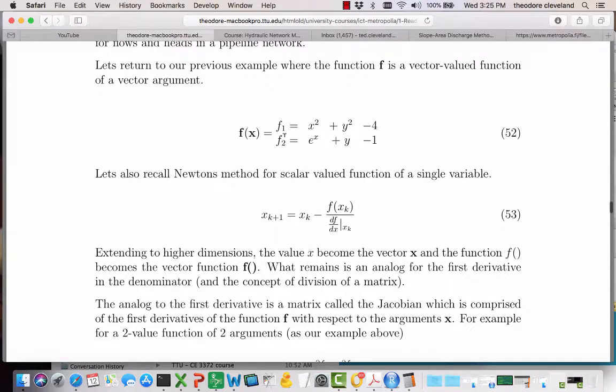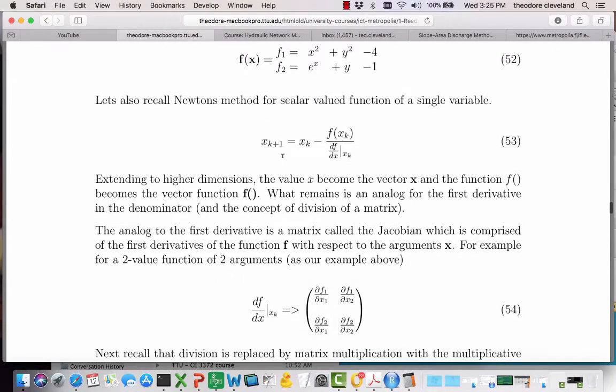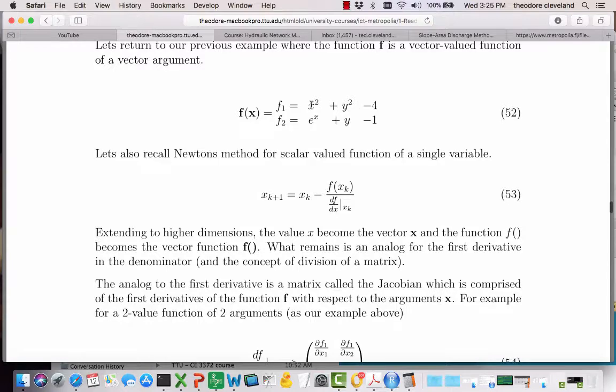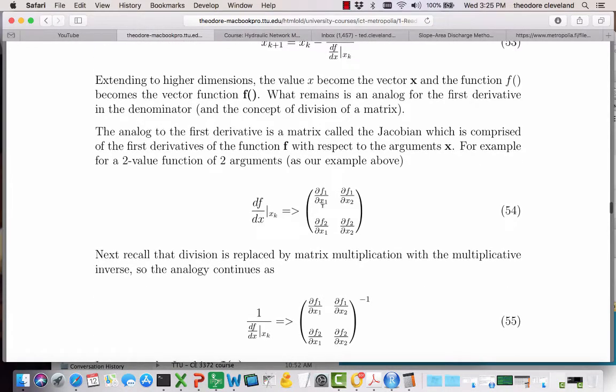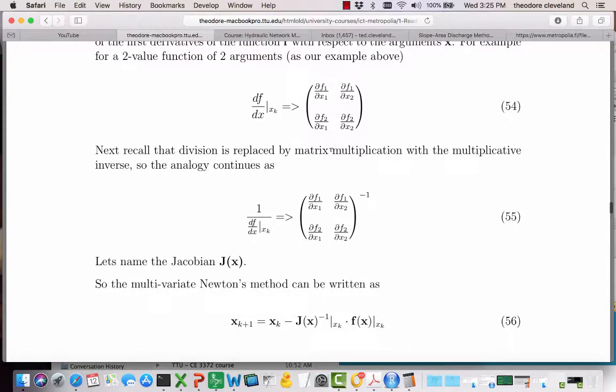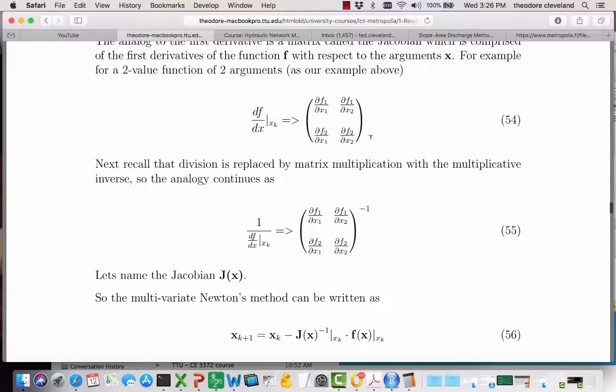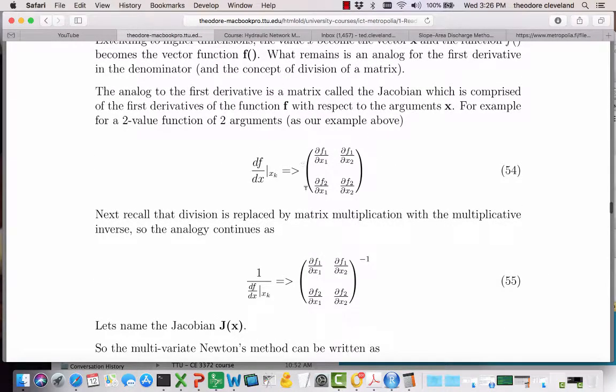So in this case, there's an f1 and f2, and each of them has two arguments, x and y, and so the df dx term, we're going to give it a name, it's called a Jacobian, and that's called the Jacobian of the function.